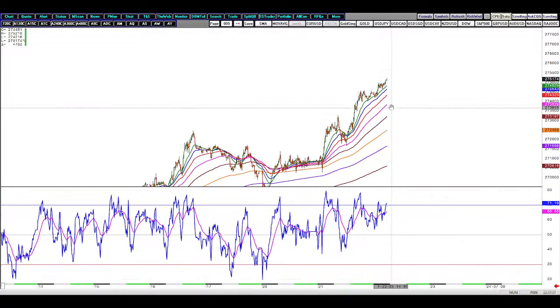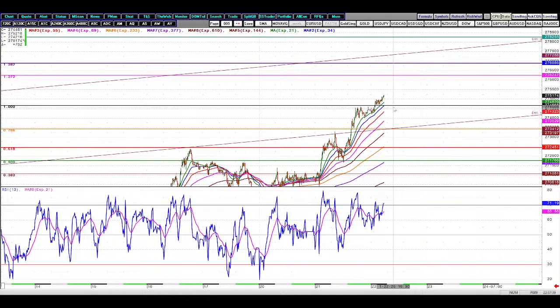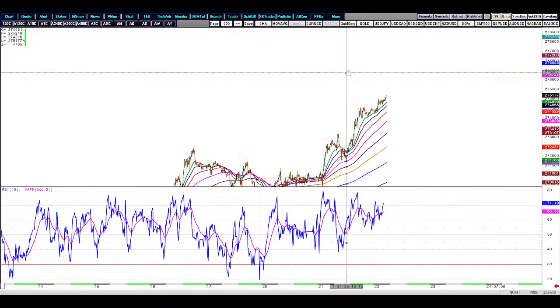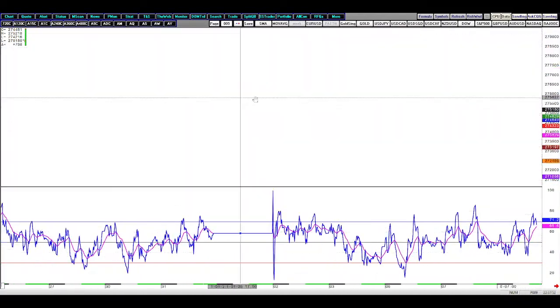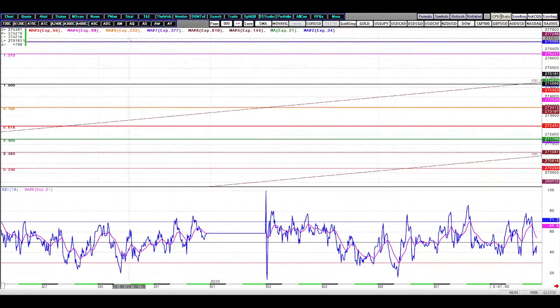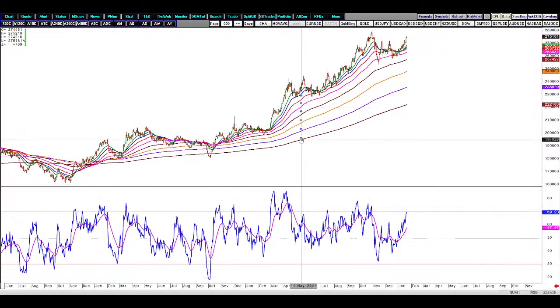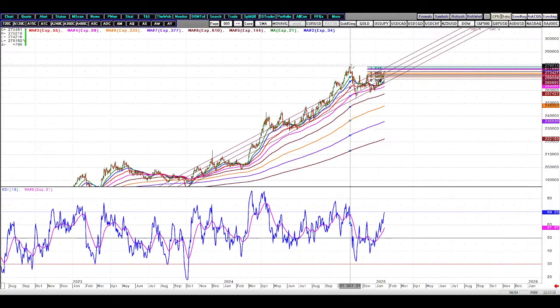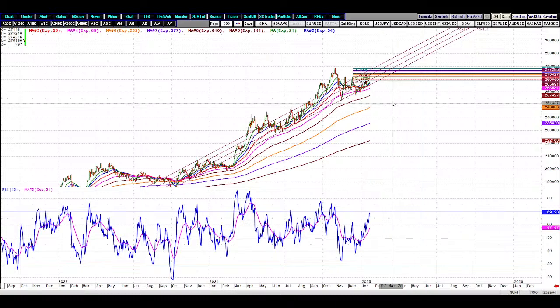Okay, so here we expect this price to push higher towards either 68, 73, or even the previous high. What was the previous high? 2790. So if it breaks, then this is really going to go higher.